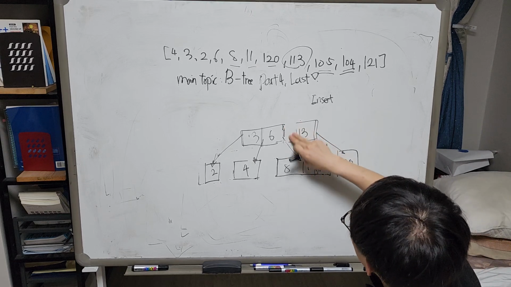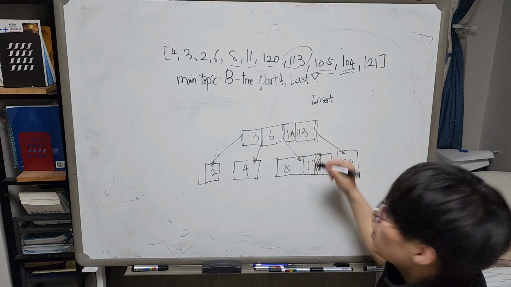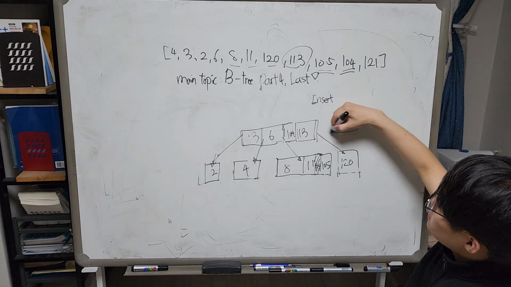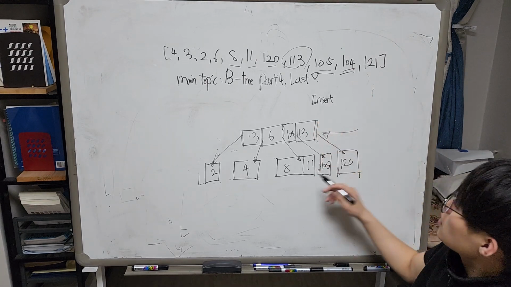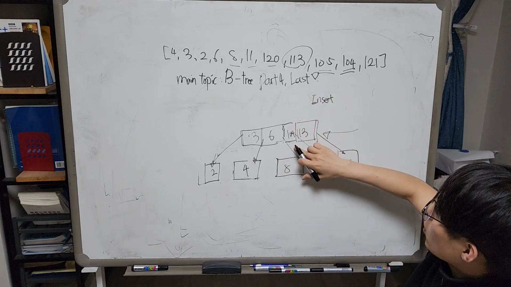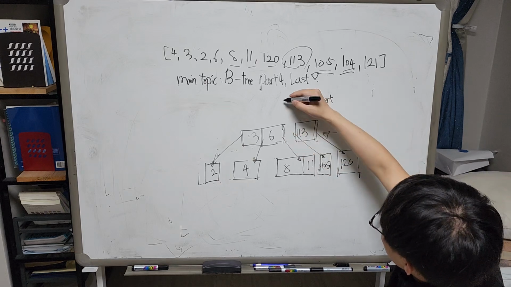So 3, 6 and 104. And this parent is already full, right? We have to make this 104 into the parent.